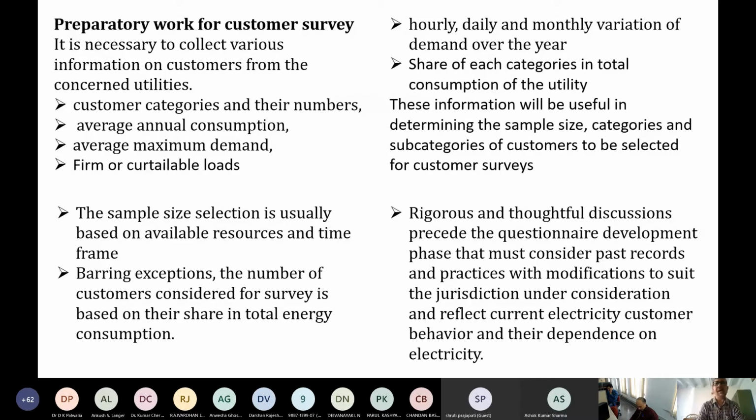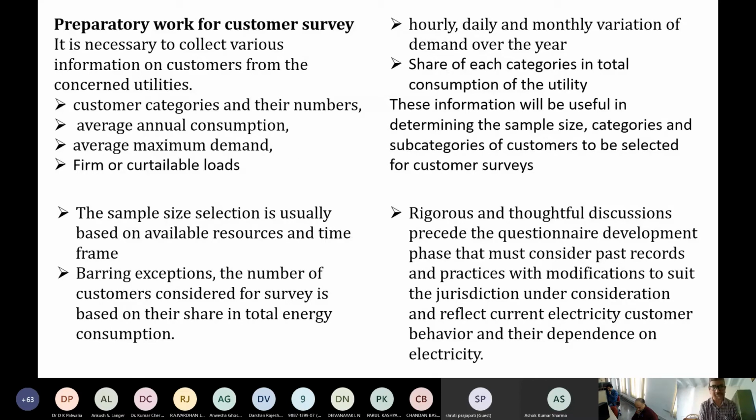Also the hourly, daily and monthly variation of demand over the year needs to be obtained from the electric utility. That information is readily available, as is the share of each category in the total consumption of the utility. So all of this information is readily available with the electric utility, and can be obtained directly from them.